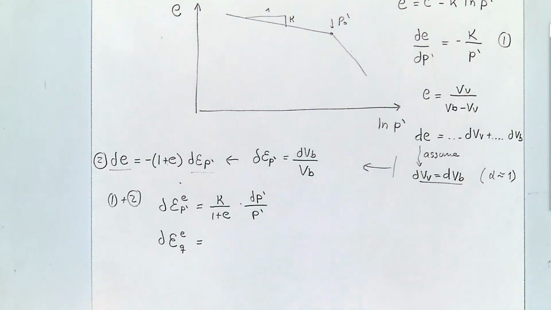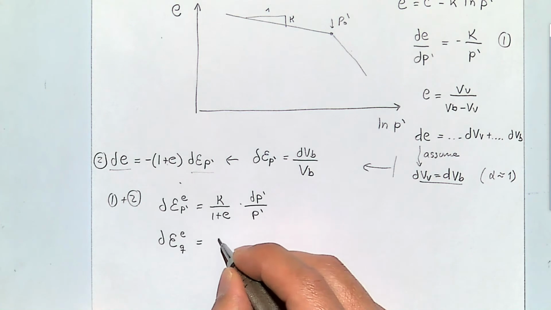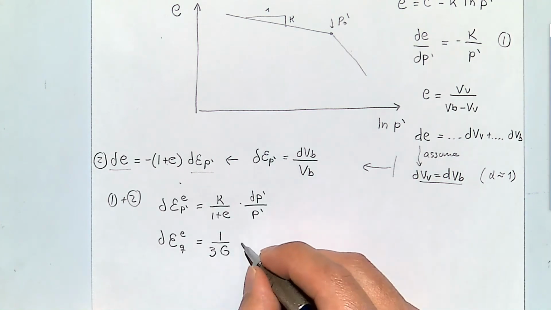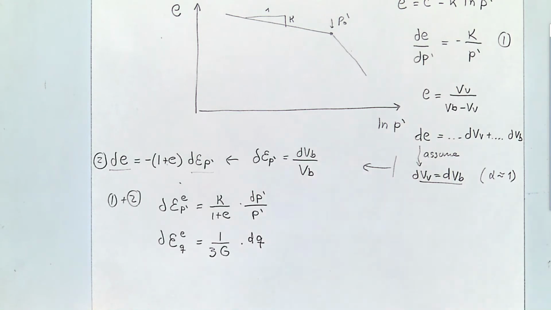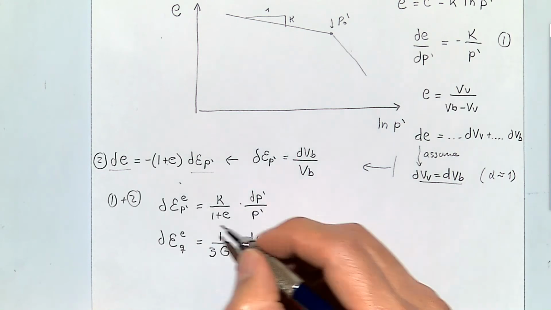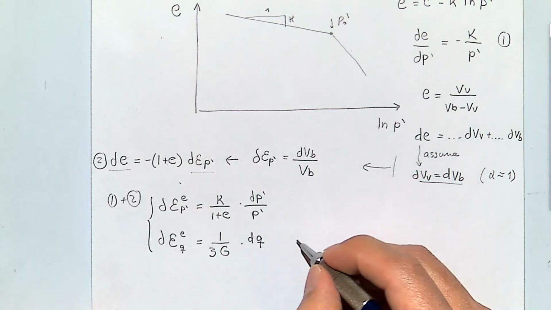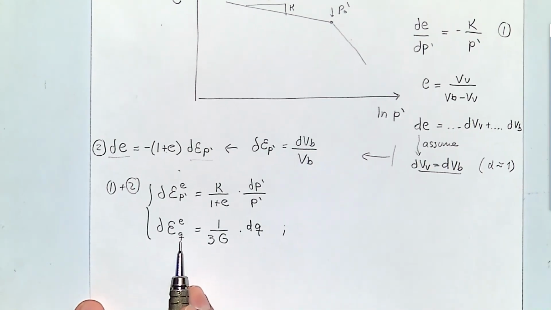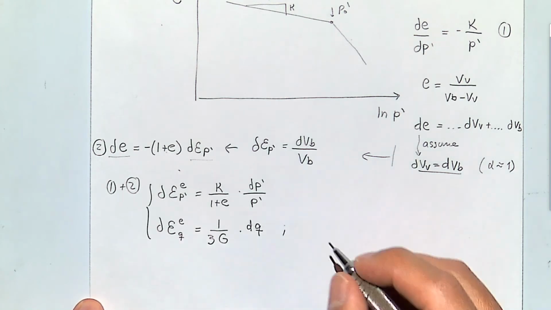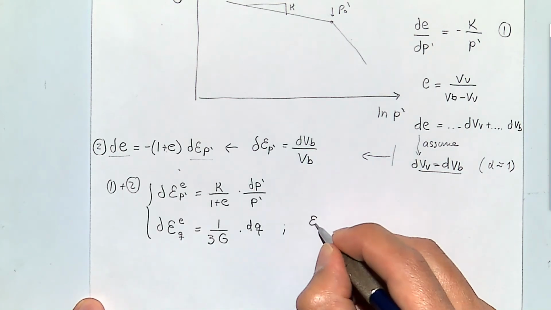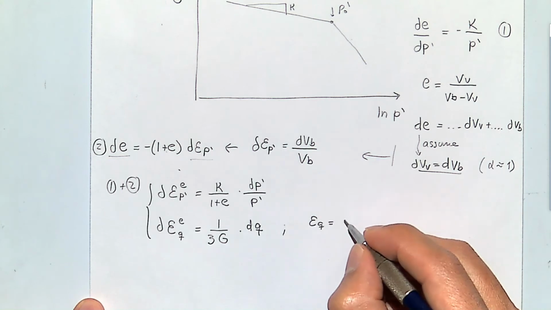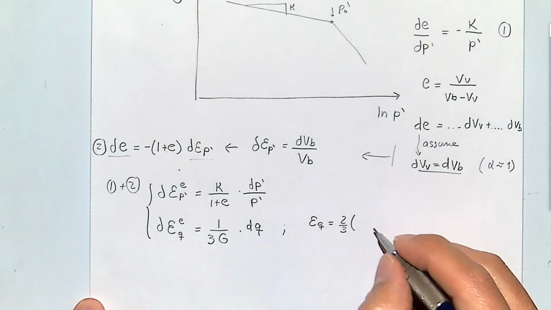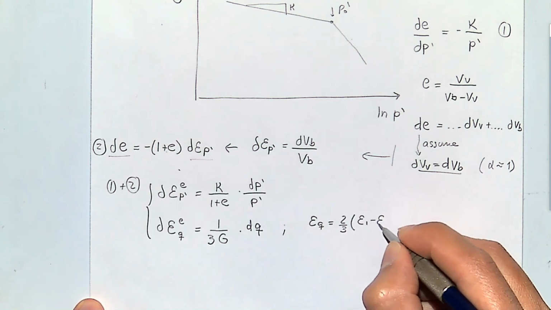And this equation is going to look like this. 3 times the shear modulus times dq, and I need to define here what this shear strain or deviatoric strain is. This deviatoric strain is equal to 2/3 of epsilon 1 minus epsilon 3.